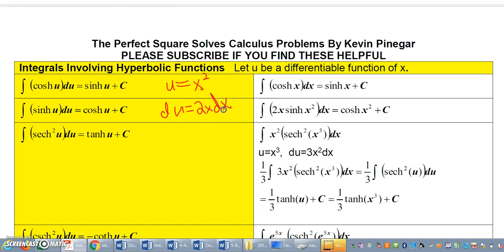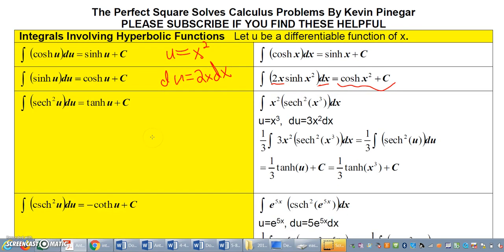So it works out perfectly, because when you put the 2x together with the dx, that's your du. So this is really just the integral of the hyperbolic sine of u du, which integrates to the hyperbolic cosine of u plus a constant. So that one works out pretty good.